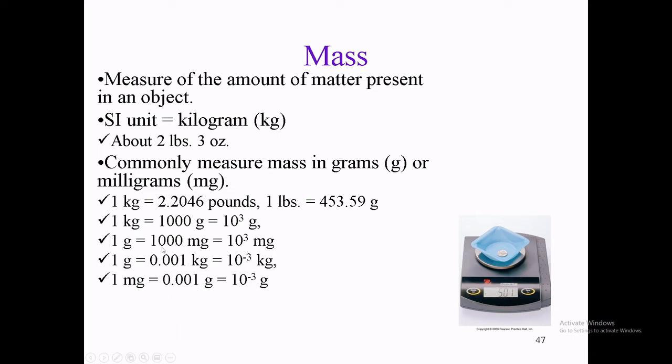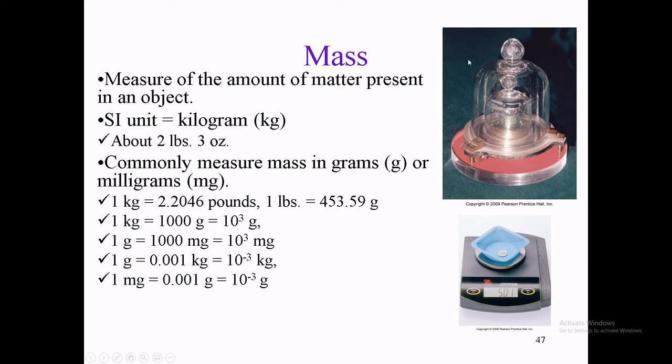So you can see that actually converting within the SI system is pretty convenient, right? You really just wind up having to move the decimal place a certain number of times, whereas you get these kind of odd conversions between the SI system and our imperial system that we use often in America.